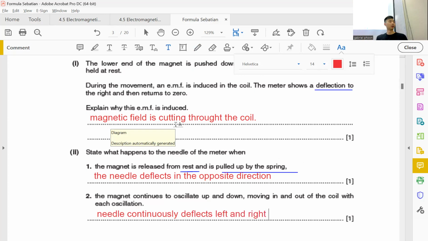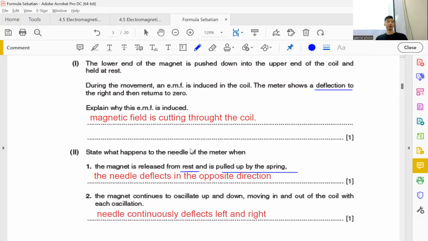But the question was, what's happening to the needle? No, but it says oscillate up and down. The magnet is going up and down, yeah, it will deflect left, right. I'll read out the sentence. No, yeah.